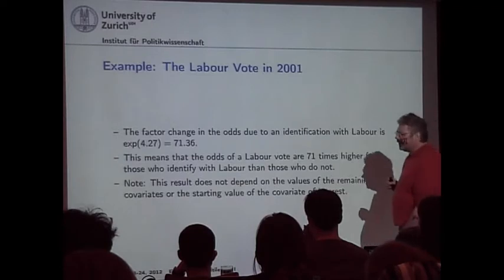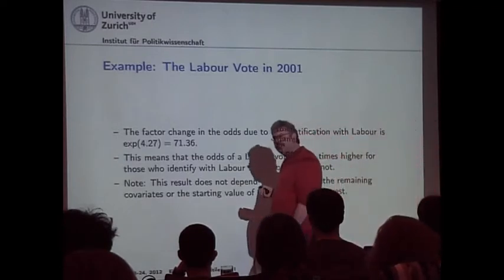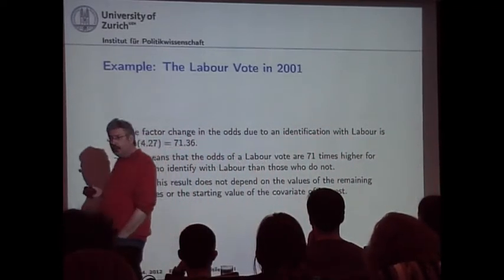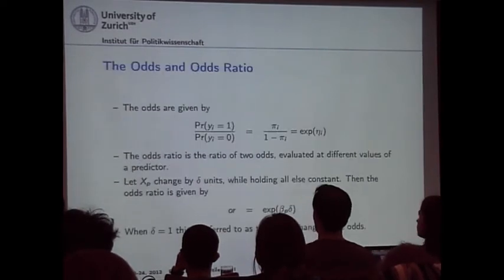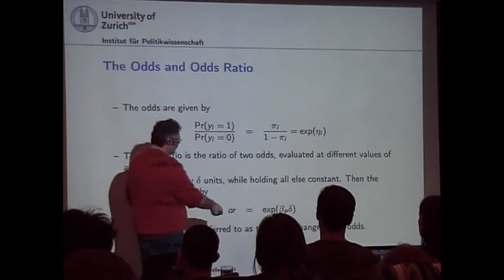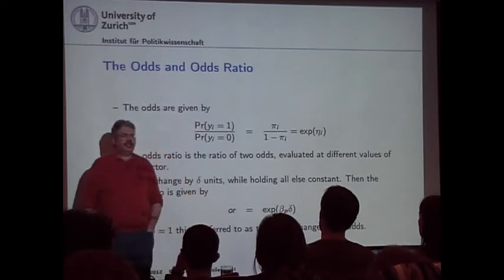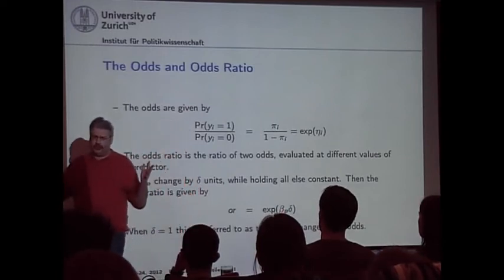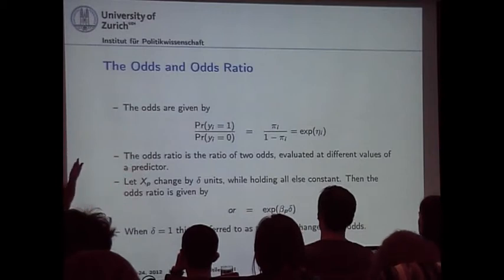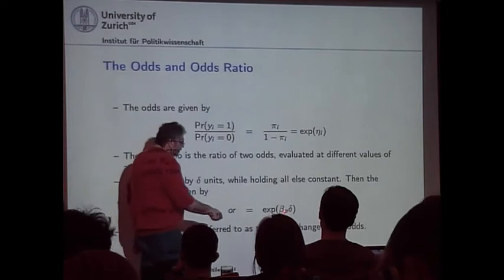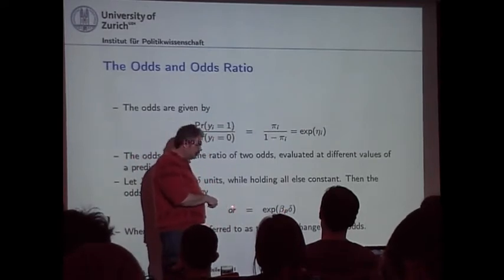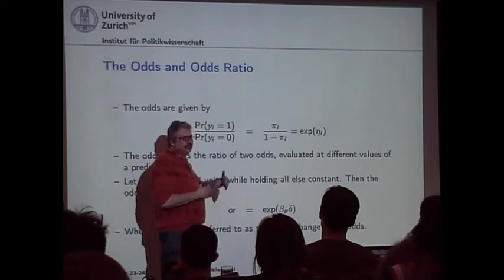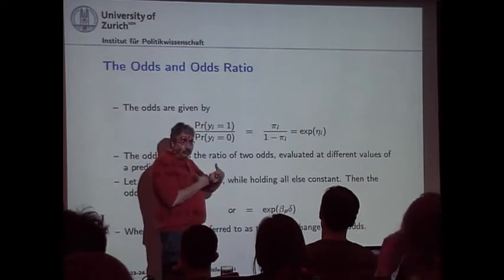In general, this odds ratio, or the factor change, is a positive number. If it's equal to 1, that would come about when beta is equal to 0. That means the odds don't change. As you increase the predictor, nothing happens to the odds. If beta is greater than 0, then this odds ratio, the factor change, is going to be a number greater than 1.